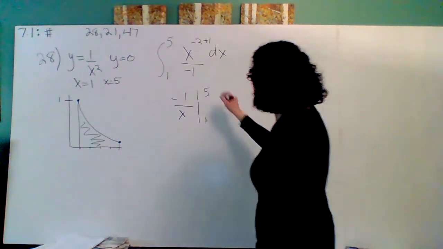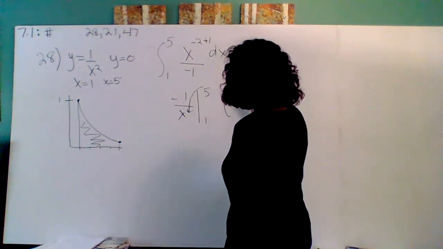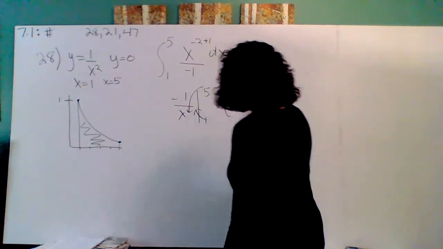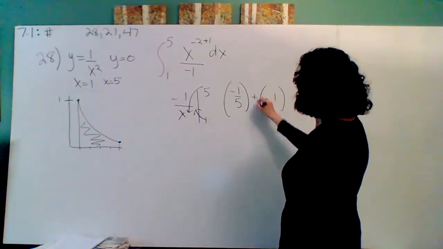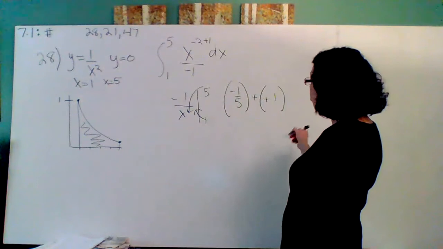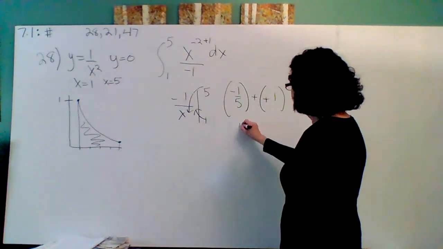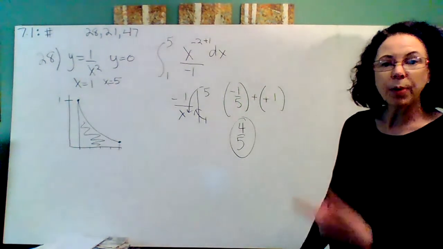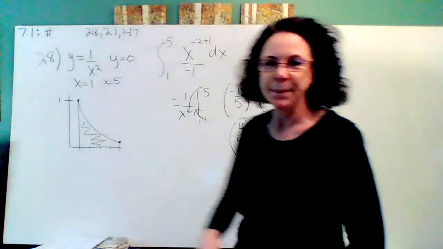Let's do our f of b. That is a negative 1/5 minus our f of a is a negative 1. We make that 1 positive and we get 1 minus 1/5 is 4/5. There we go. That's problem number 28.